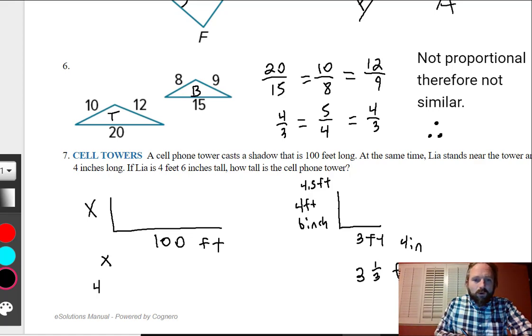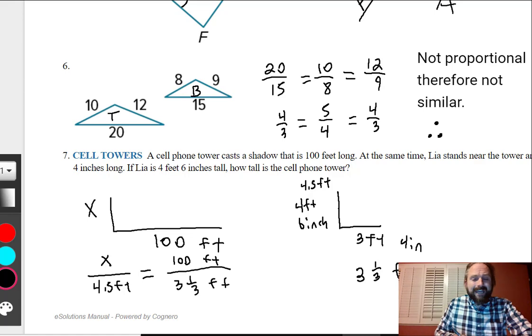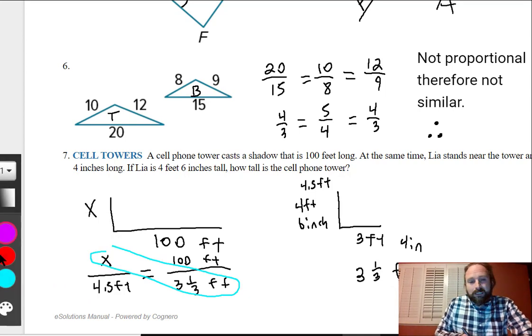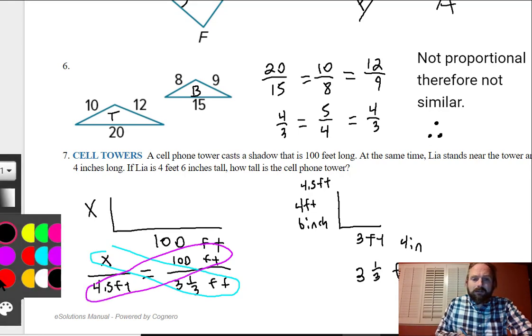So we have 4.5 feet, the height, versus the length, 100 feet versus 3 1/3 feet. Not liking having fractions and decimals in the problem. So now we're going to do the cross product. I don't like it as much, but if it gets it done, it gets it done.